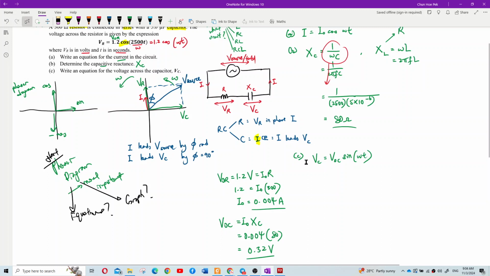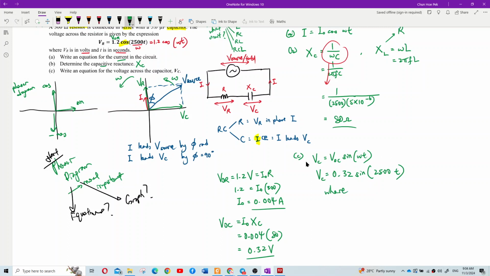Okay, so let's go. So this is the equation for VC: 0.32 sine omega is what? 2500t. That's it, class. So then you must write where VC is in volt, t is in second.